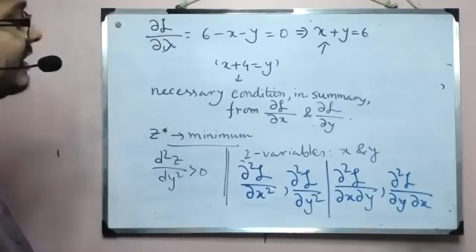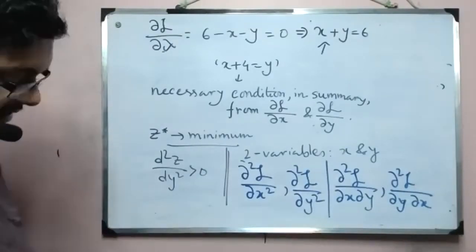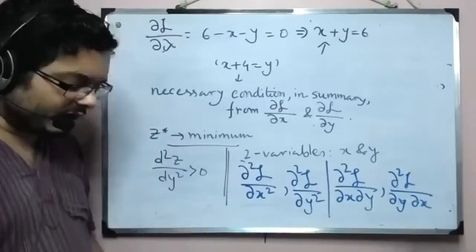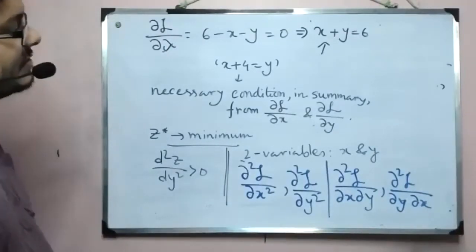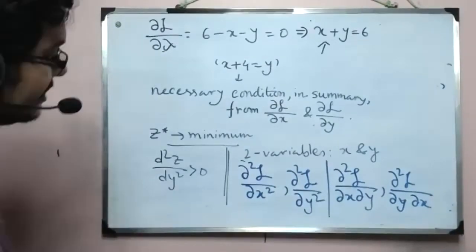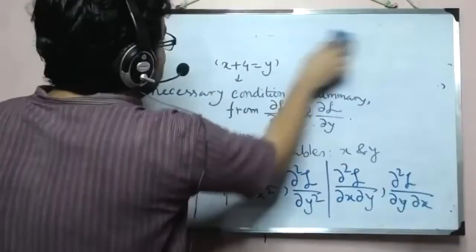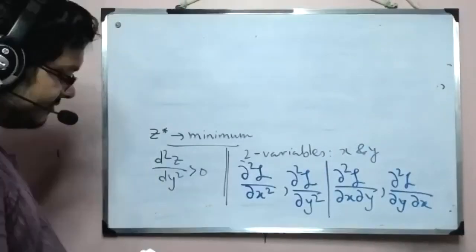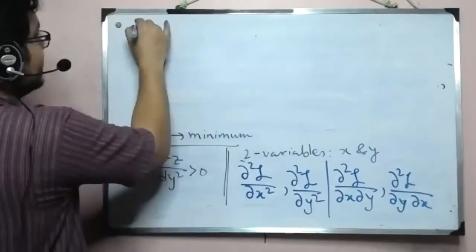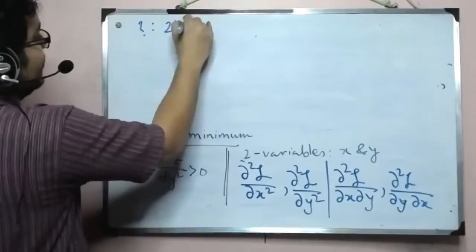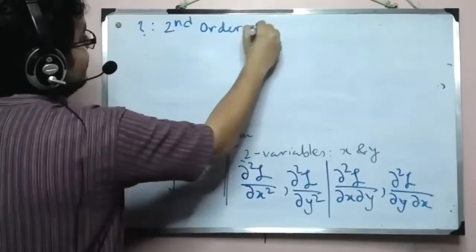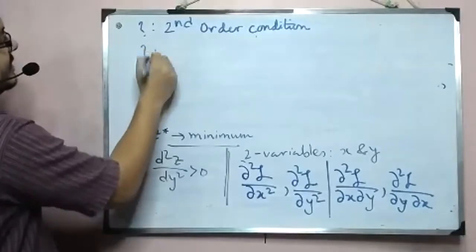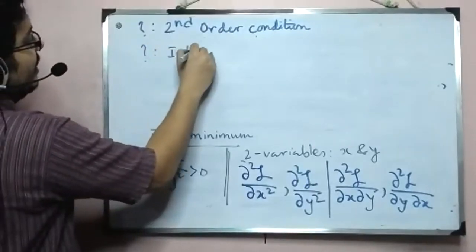And the second, which we left, is how to interpret lambda. To answer these two questions, we need to consider the general structure of this bivariate optimization problem. So the questions that we are trying to answer are, first, the second order condition that we are interested to find, and number two, the interpretation of lambda.